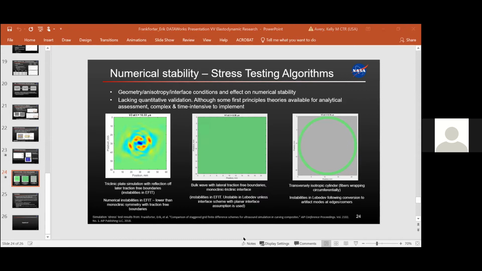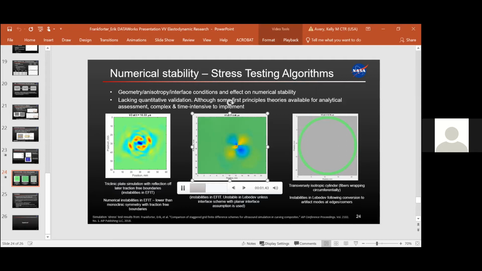In the center one, if you're able to click that one, there's a monoclinic-triclinic interface, which produced instabilities in EFIT and was unstable in the Lebedev finite difference scheme until we applied an interface scheme which required a planar interface assumption. That actually didn't work for the simulation use cases that we have, so we had to switch over to a rotated staggered grid scheme, which lifts that planar interface assumption.